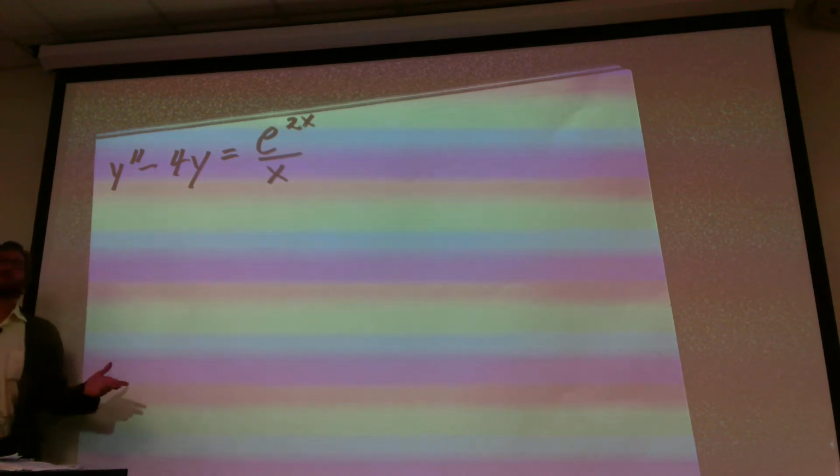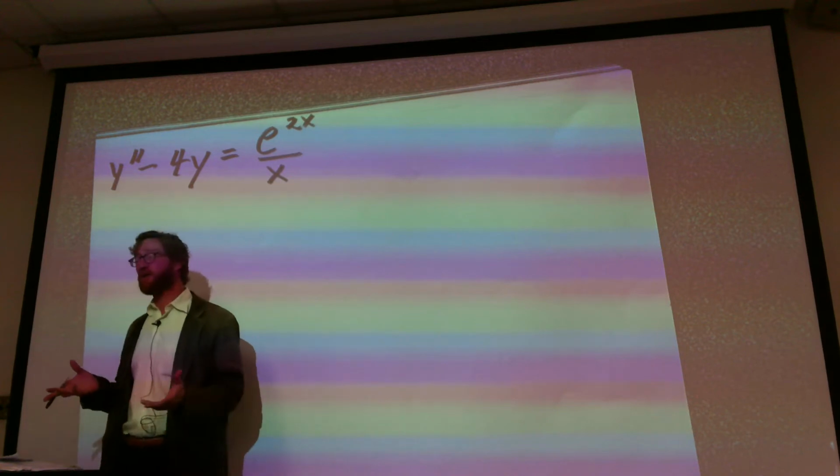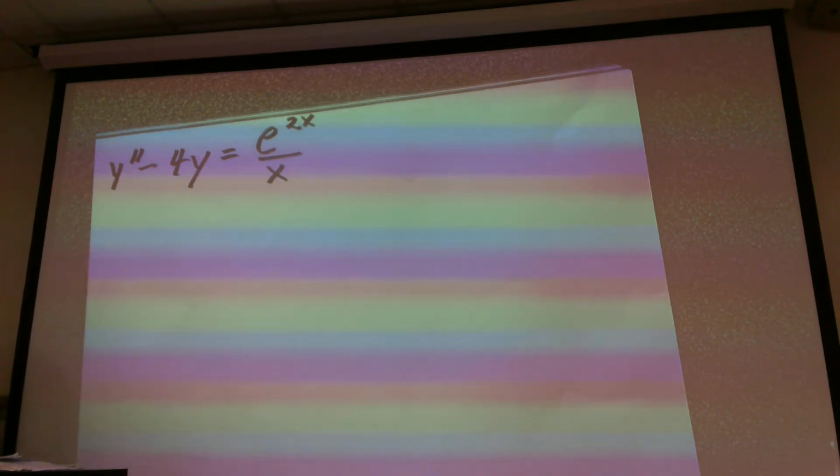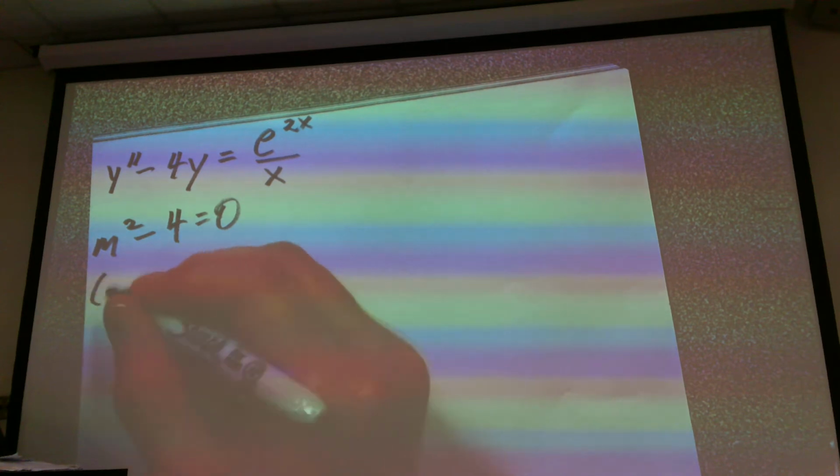So, like on all the previous problems, we are going to begin with the auxiliary equation, the homogeneous portion of the problem. So m squared minus 4 is going to equal 0. So this is saying m minus 2, m plus 2 is going to equal 0, or that m1 equals 2, and m2 equals negative 2.